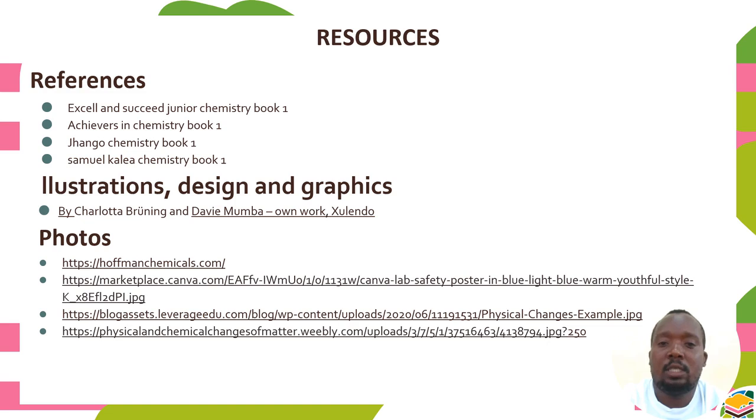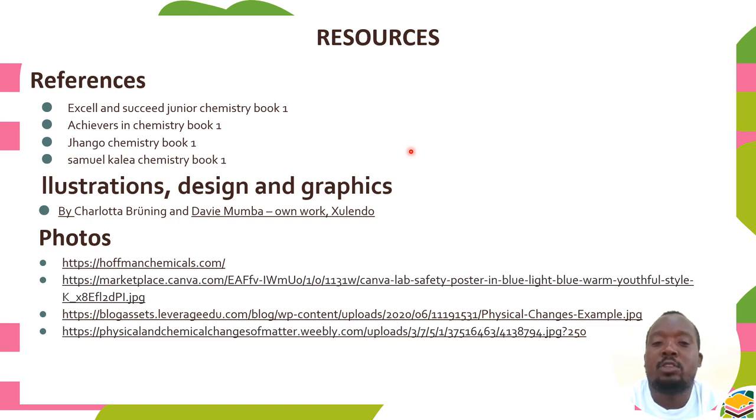In today's lesson, these are the resources which I have used. Excel and Succeed, that is the Junior Chemistry Book 1. Achievers in Chemistry, Book 1. Django Chemistry, Book 1. Samuel Kalea, that is Chemistry, Book 1.